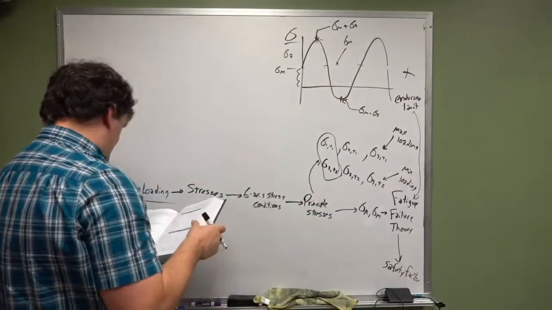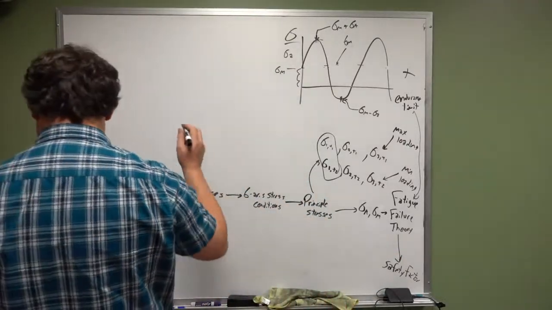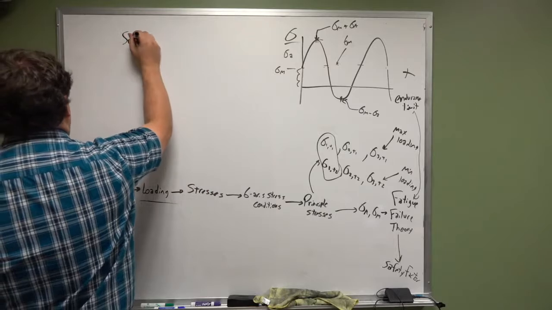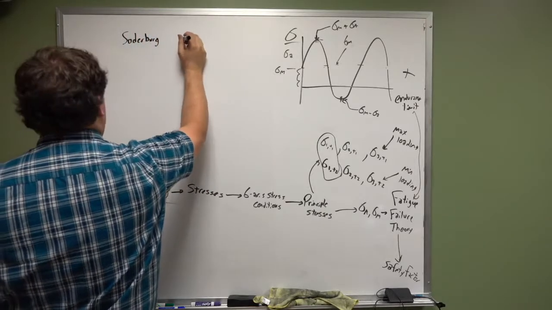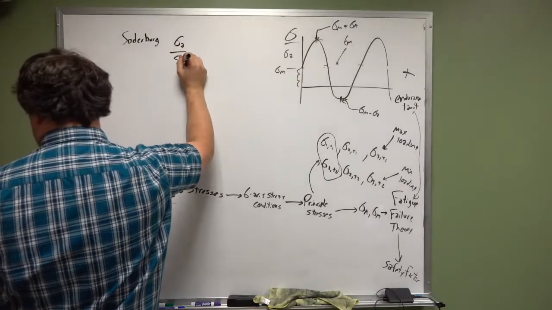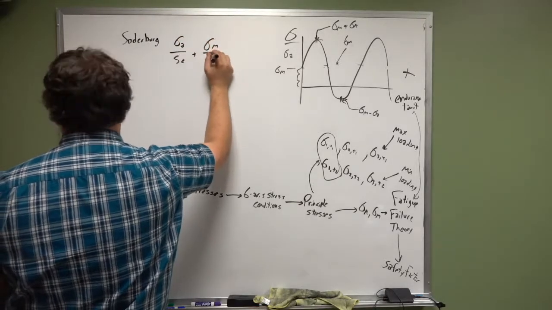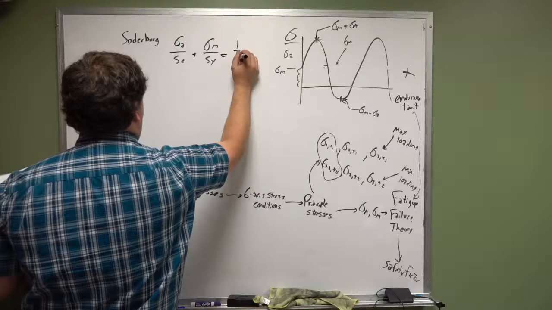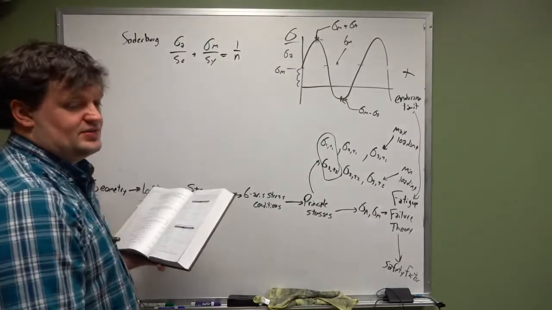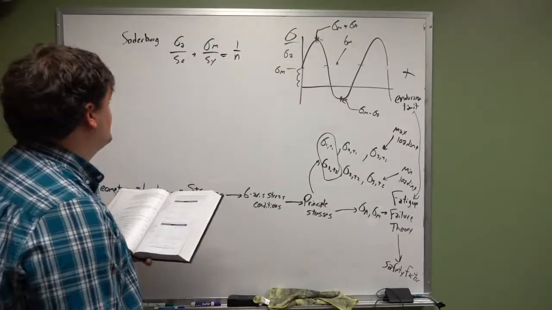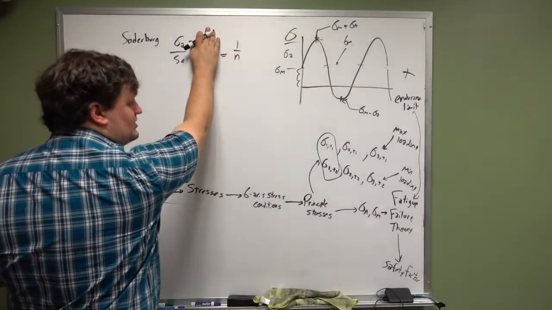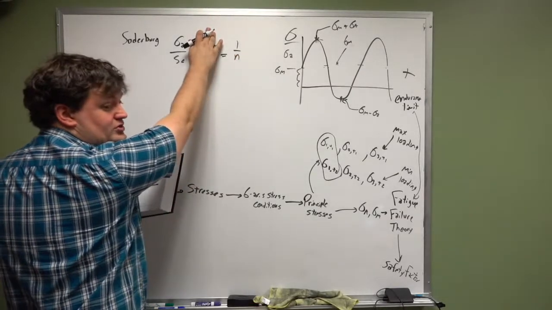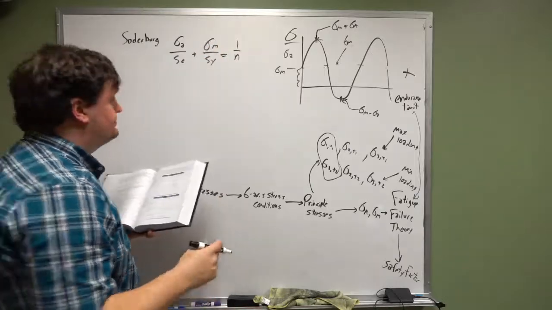Okay, so in bold, the Soderberg method is sigma A over SE plus sigma M over SY equals 1 over N. Easy to find the safety factor. That's it. With sigma M being 0, this boils down to the equation I gave you before for fully reversed loading, as I said.